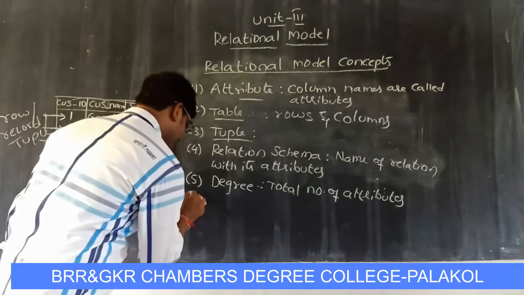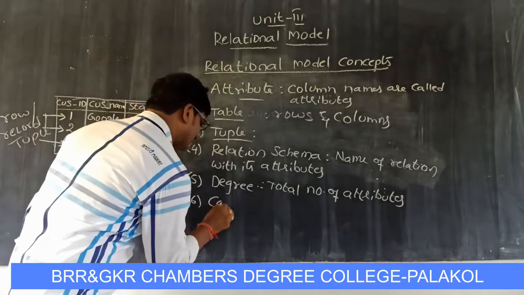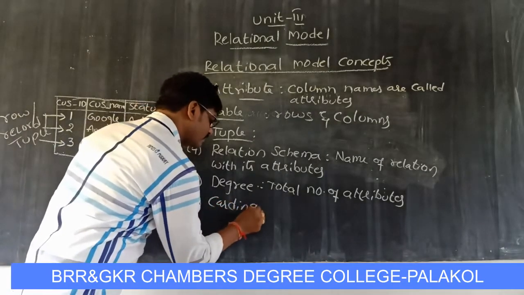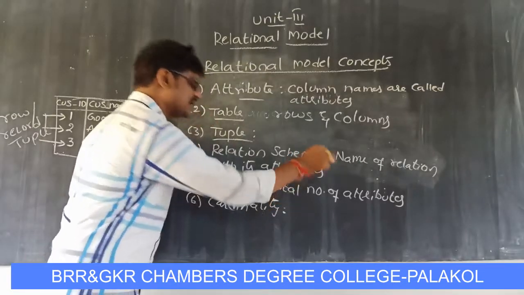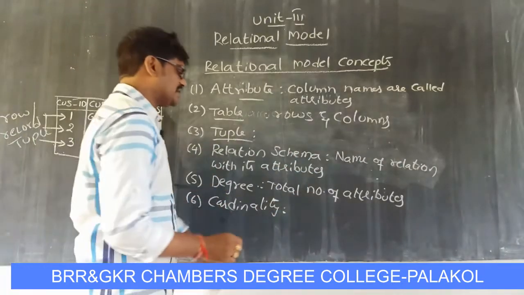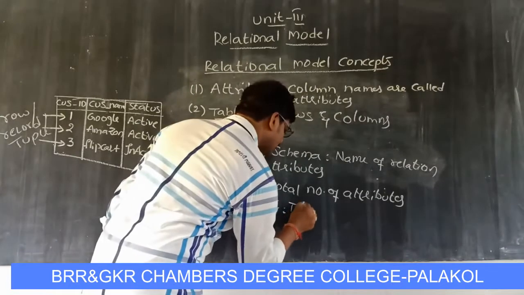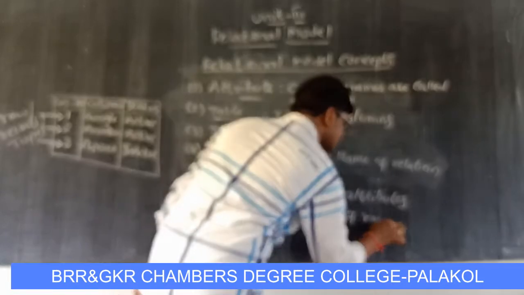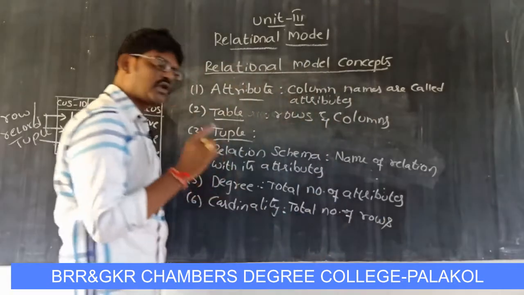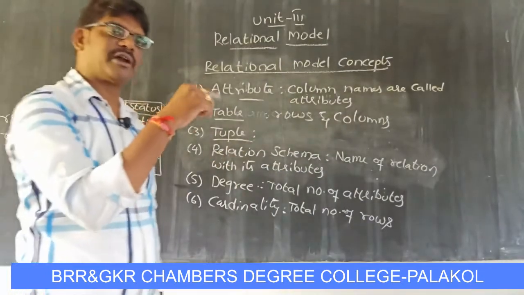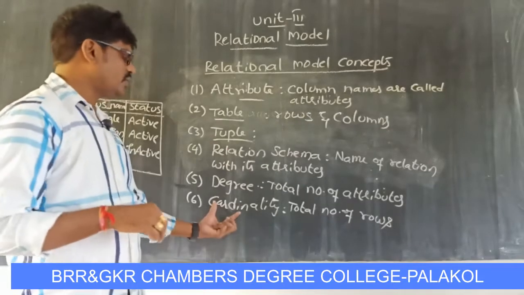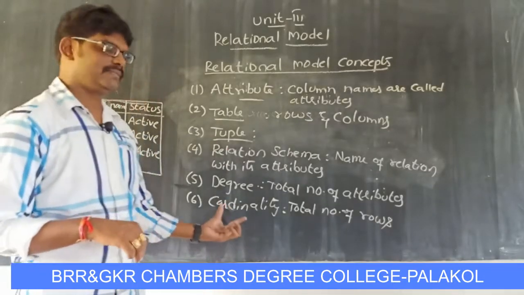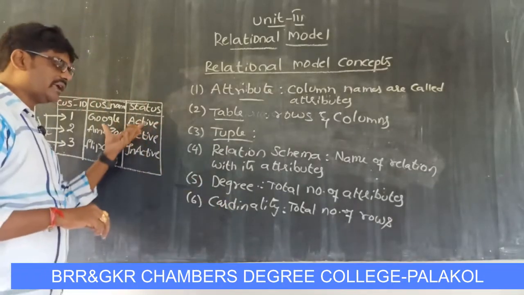And next one is cardinality. What is cardinality? The total number of rows, or total number of records, or total number of tuples, we call it cardinality. What is the cardinality of this table?